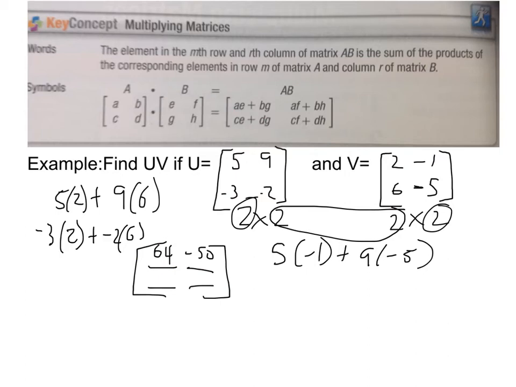Negative 2 times 6 is negative 12, so that's negative 18. And finally, this part is the second row, second column, so I take my second row times the second column. That gives me negative 3 times negative 1 plus negative 2 times negative 5. That's positive 3 plus 10, which is 13.